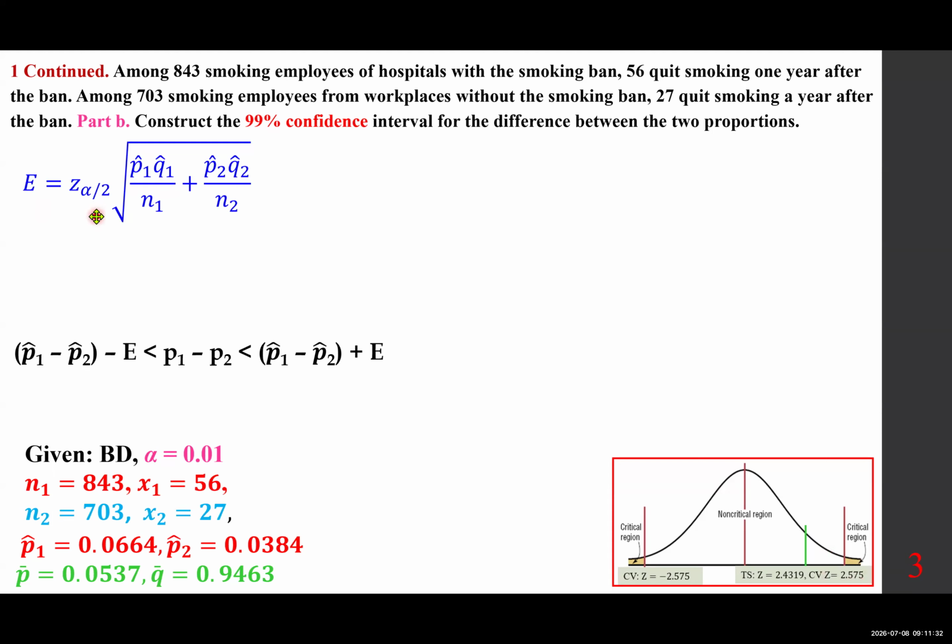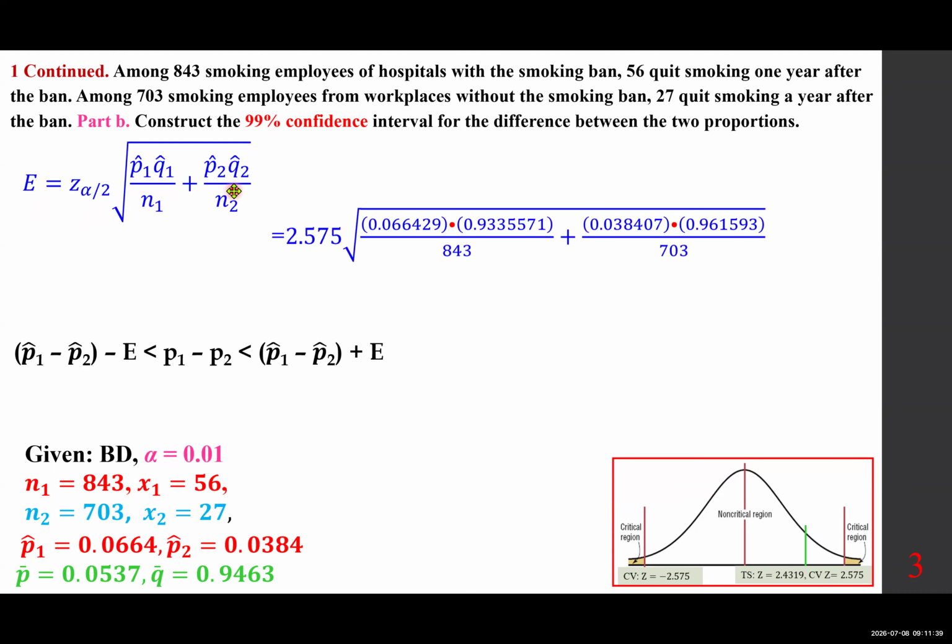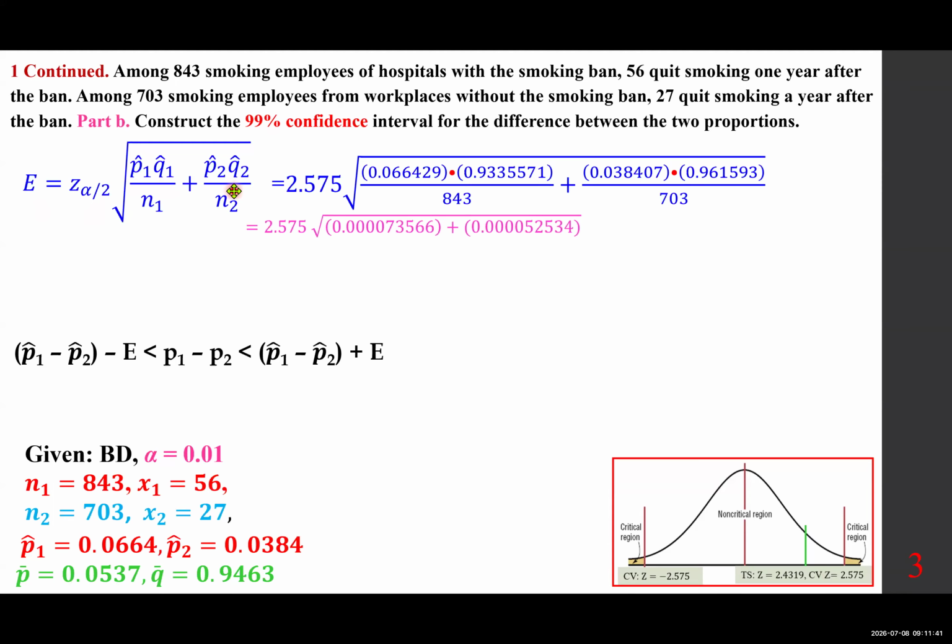So you put 2.575, and the rest of them from here. The given helps really. And the calculation results in 0.0289. Okay. So pretty straightforward, everyone.